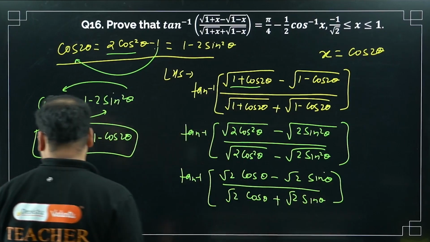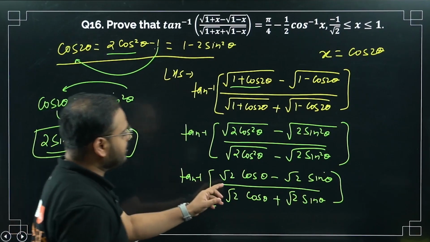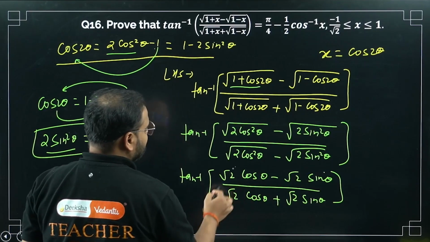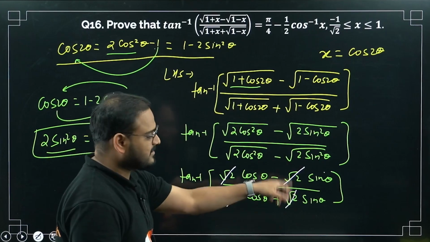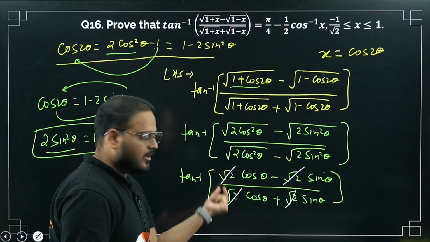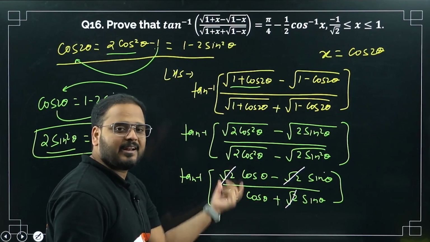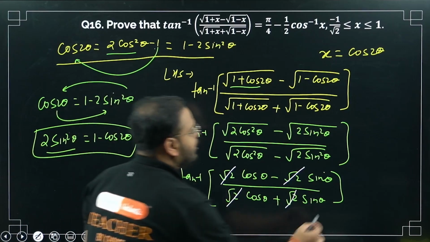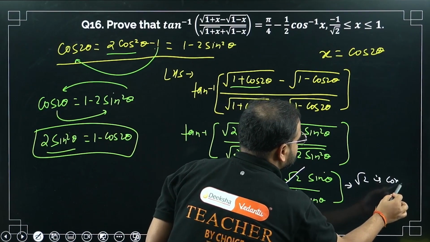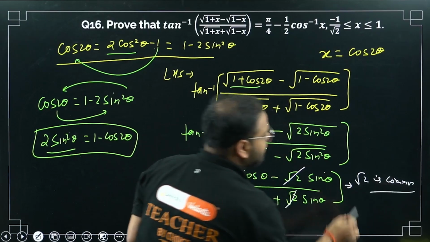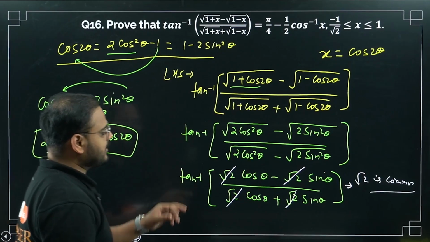Now please check. If I take root 2 common from both the terms, it will cancel. I can take root 2 common in both numerator and denominator. Then I can cancel, no? That's fine. Root 2 is common, sir. So please take it common and cancel. I hope you understand that.